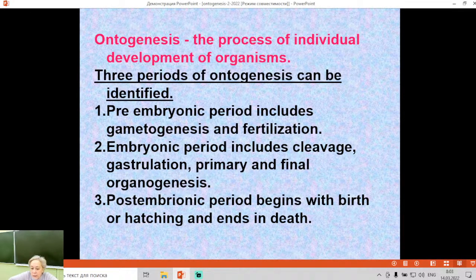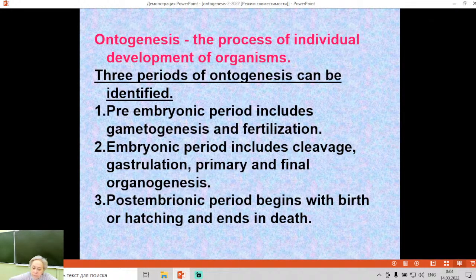What is ontogenesis? Ontogenesis is a process of individual development of organisms. There are 3 periods of ontogenesis. First period, pre-embryonic period, which includes gametogenesis and fertilization.